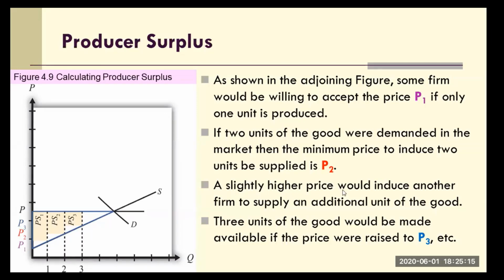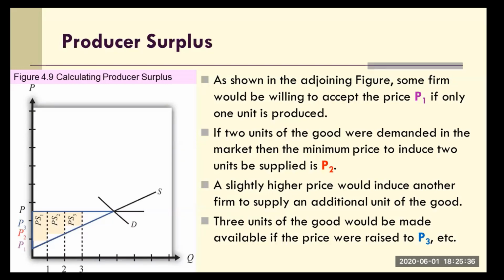So a slightly higher price would induce another firm to supply an additional unit of goods, as the price increases to P3. Some other producers are encouraged to produce and supply to the market.